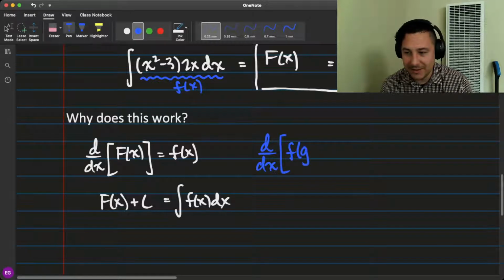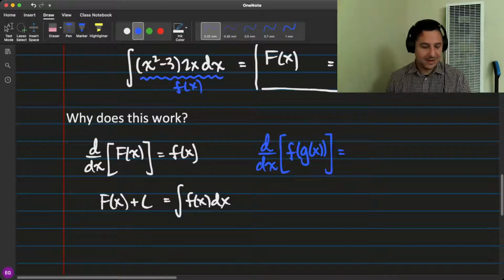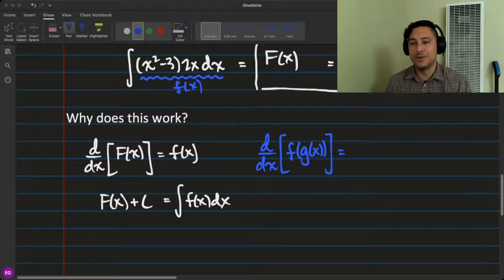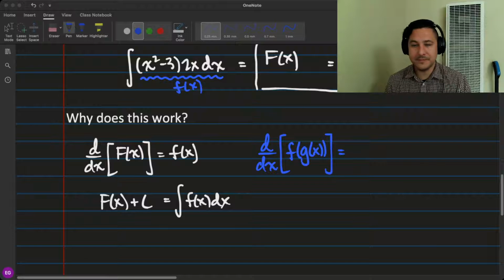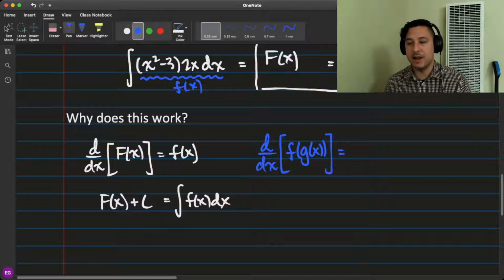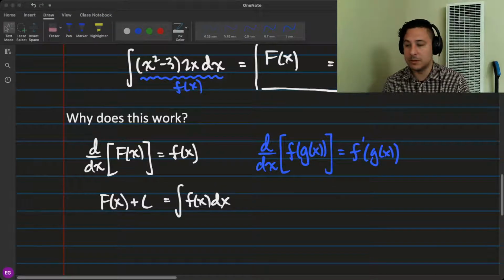You're taking the derivative of a composition. What is the chain rule? If you take the derivative of f of g of x, what do you get? Let's see if people remember. f prime g of x, close. It's f prime of g of x. There's more though.